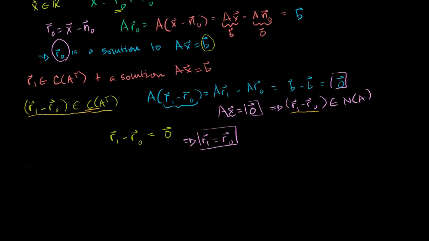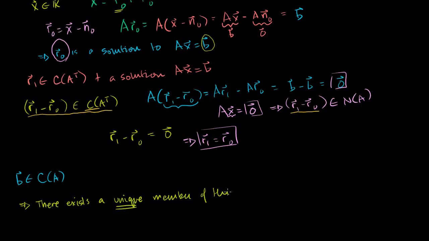We know that if we have some vector b that is a member of the column space of A, then there exists a unique member of the row space of A. We just proved the uniqueness.